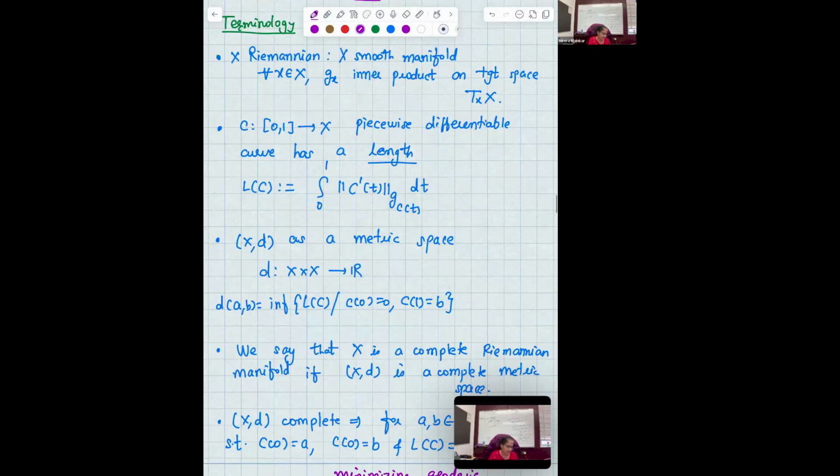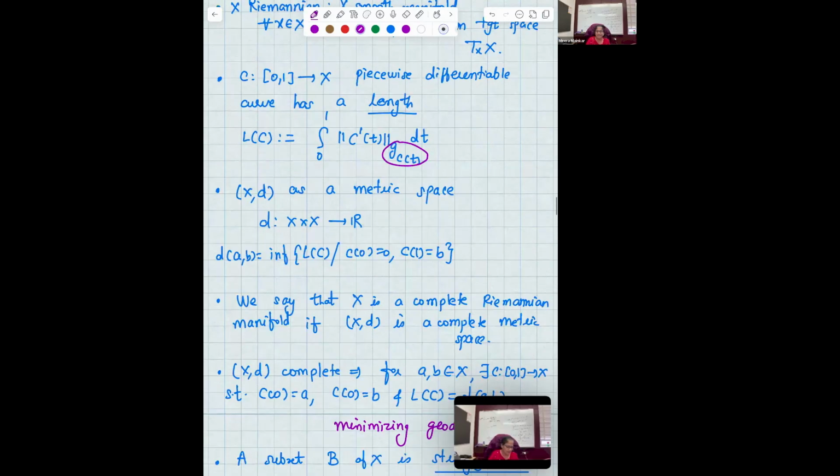If you have a curve in a Riemannian manifold, then we can define the length of a curve exactly the same way, where the distance is given by that inner product. So you just integrate the length of the velocity vector at each point.